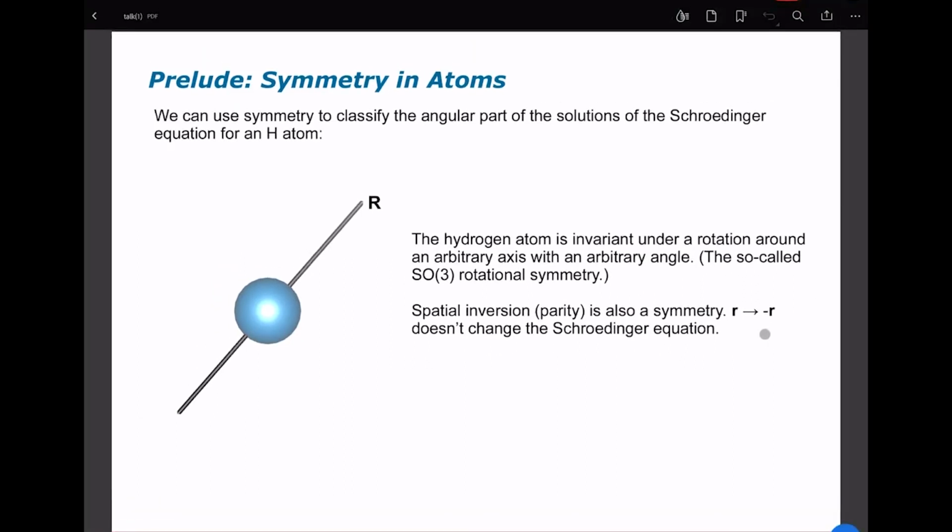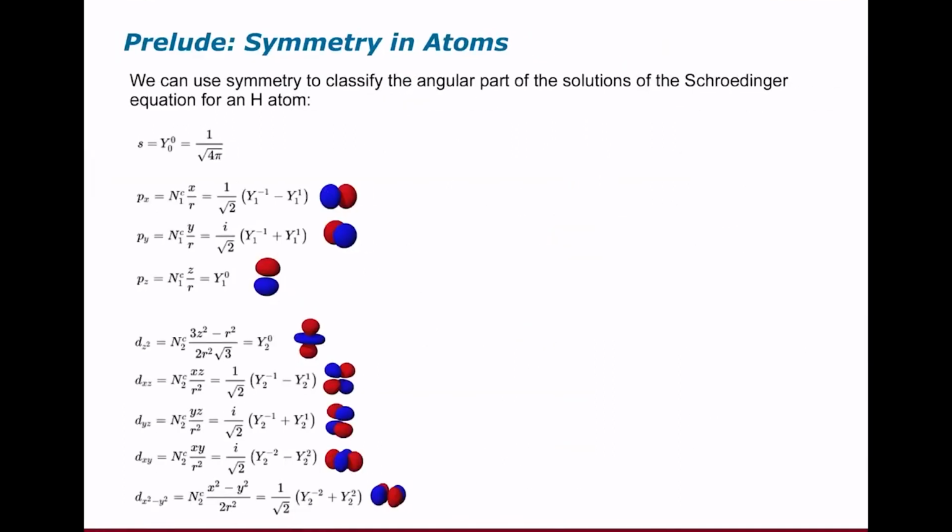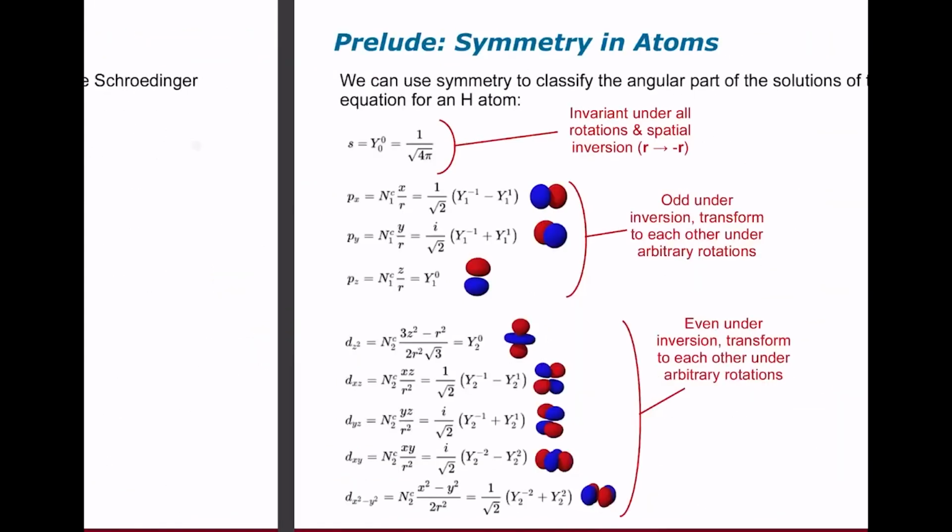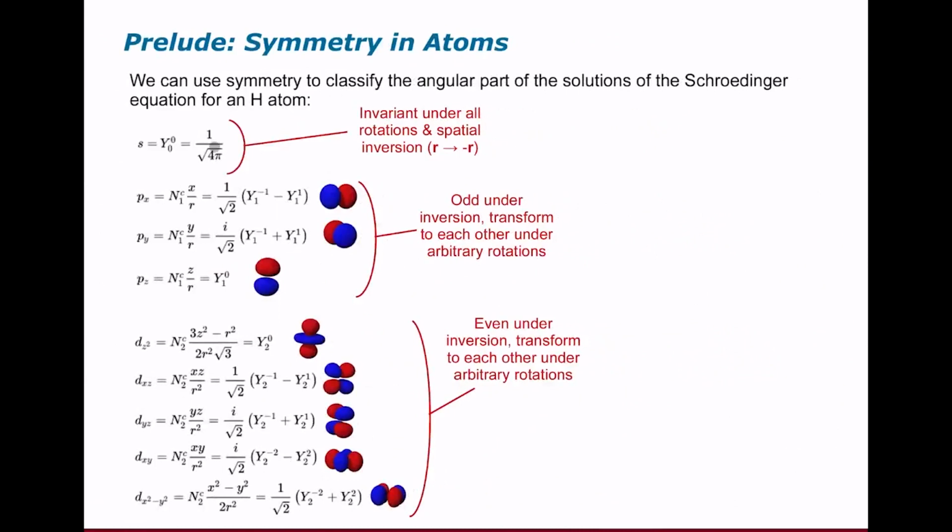So what this enables you to do is, when you write down the solutions and say s orbital looks like this, it's just a constant number, the angular part. This is invariant under all of these rotations and inversion. But then when you write the p orbitals, px, py, pz, which has these shapes, and you can expand them in terms of spherical harmonics too, these are orbitals that are odd under inversion.